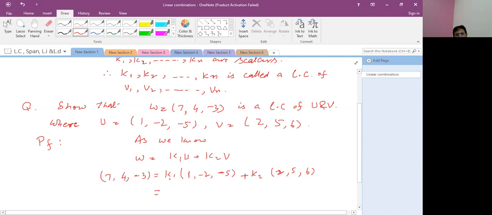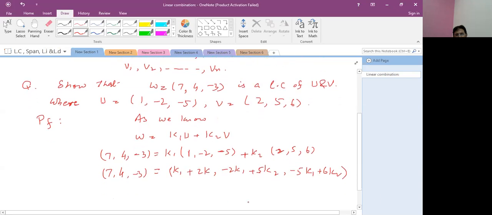First we multiply: K1 plus 2 times K2. The next term, minus 2 K1 plus 5 K2. Then minus 5 K1 plus 6 times K2. So we determine it in this form. In the next step, we equate left and right terms: first 7, then 4, and the last one minus 3.